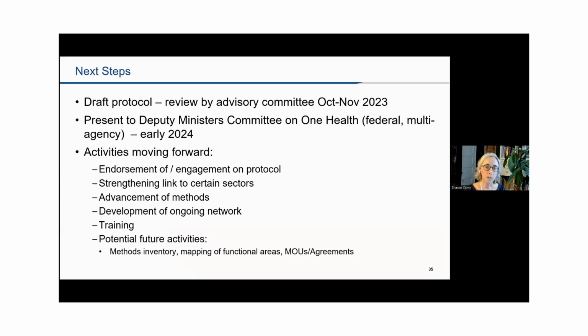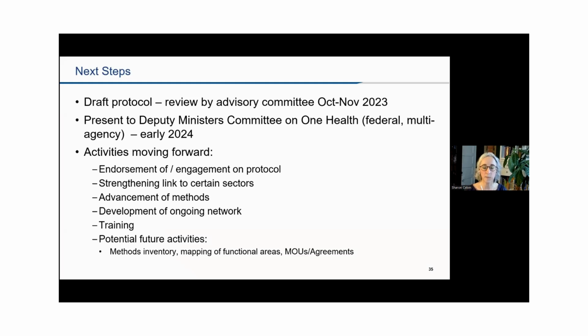And the goal is to present a high level of this protocol to the Deputy Ministers Committee on One Health in early 2024. And so this is a federal multi-agency Deputy Ministers Committee. I believe there's something like 13 different federal agencies represented on this committee, so it's a good One Health venue.